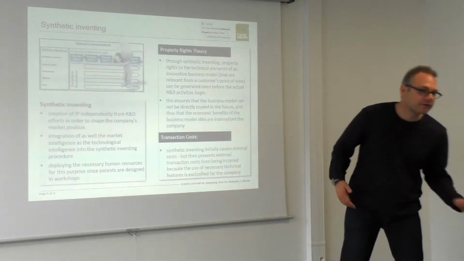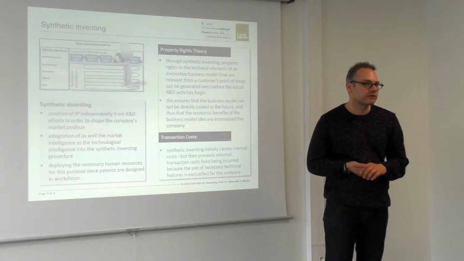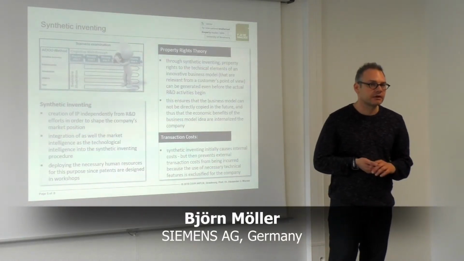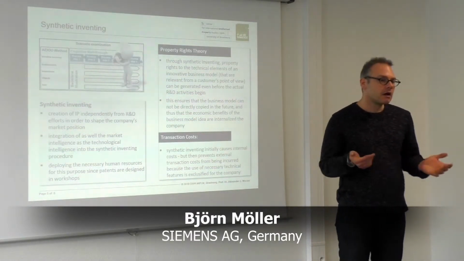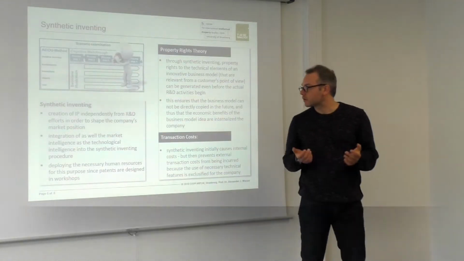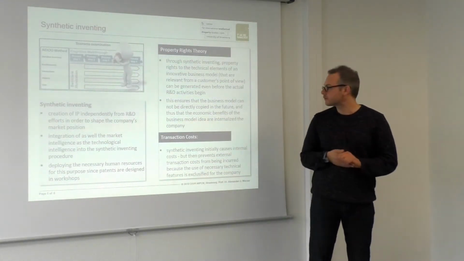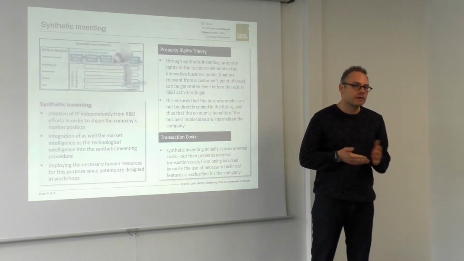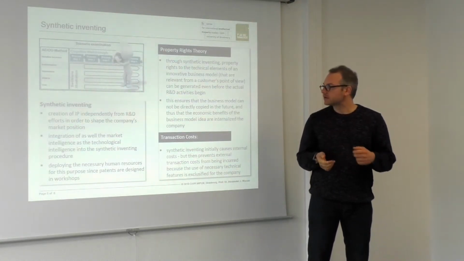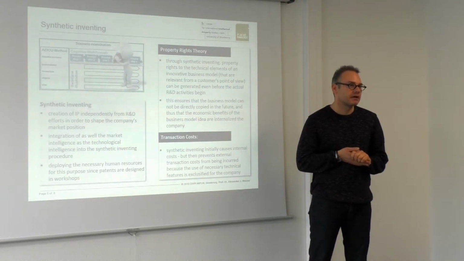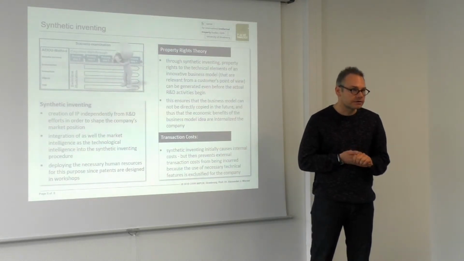So, one further instrument in the toolbox of a Differentiation Center is synthetic inventing. Well, synthetic inventing, what is it and what is the relation to property rights theory and to transaction costs? Well, synthetic inventing is basically a procedure of inventing that is not focused on the technology first.